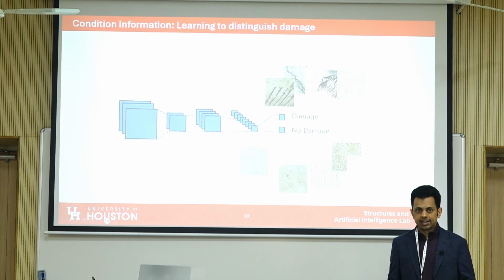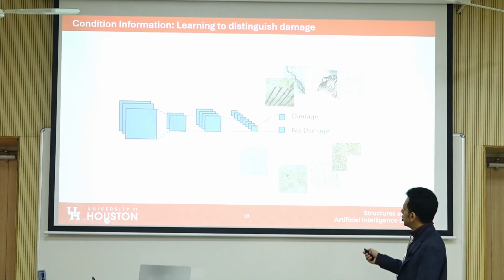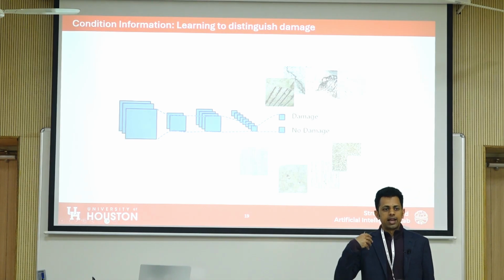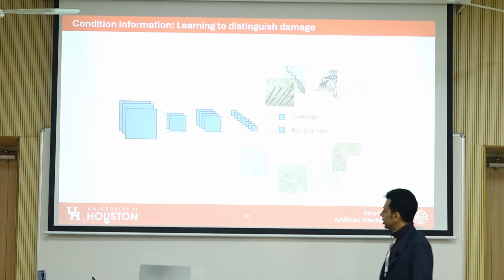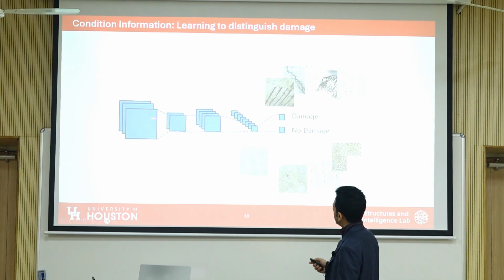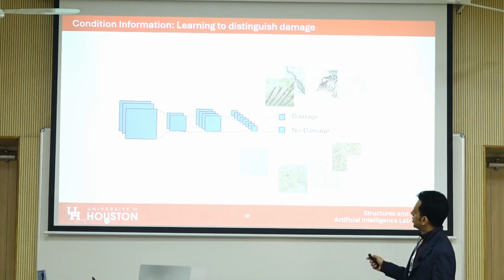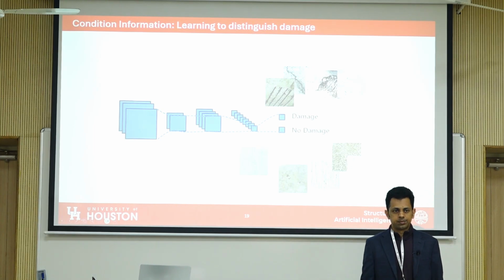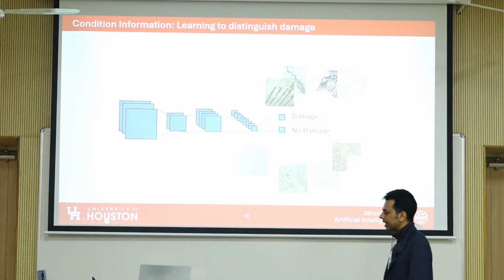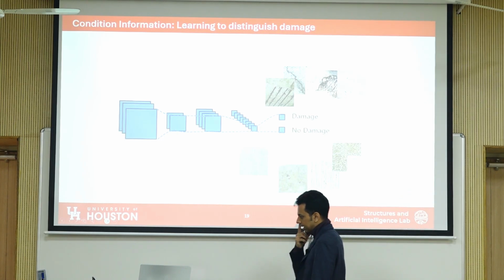So you create this data set, and then you show it to your model. And the model is able to learn what the model needs to be in order for it to be able to make the same classification.